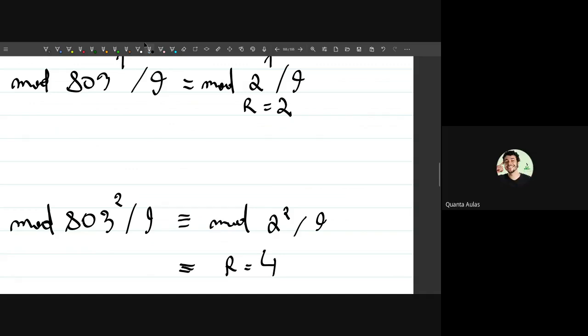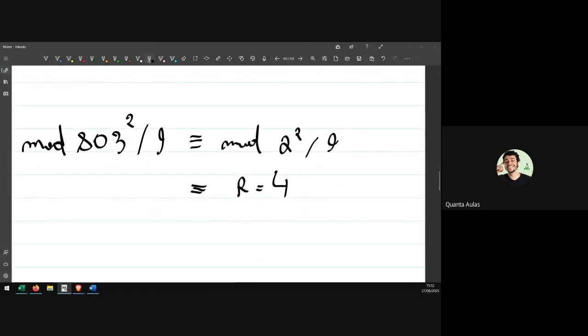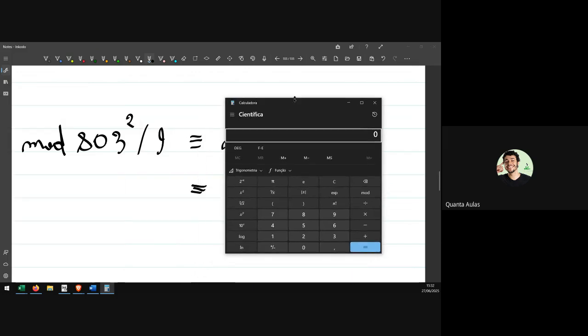And here, well, we can use the calculator to show you, just to prove it. For example, divided by 9, we don't have a rest, but if we use mod, it gives the value of the rest. So mod 9 will be 4. 4, okay?